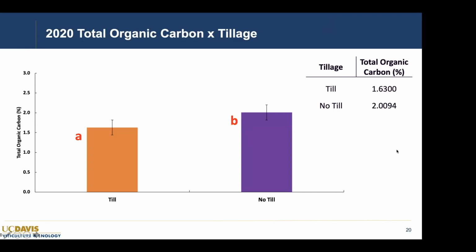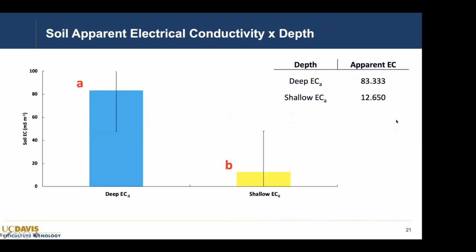But it was interesting to see this even in a pretty arid climate. And this is soil apparent electrical conductivity by depth, which was exactly what we expected to see, quite a bit more water, indirectly measured, in the deeper 0.75 to 1.5 layer compared to the shallow.